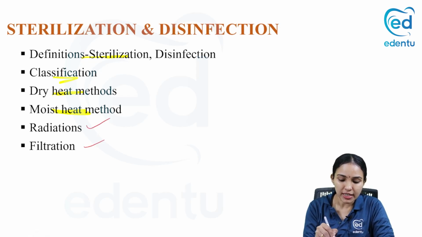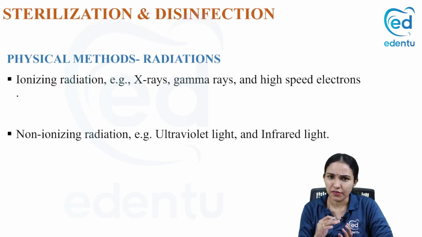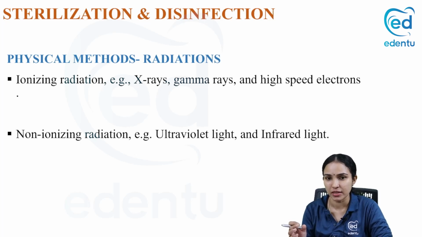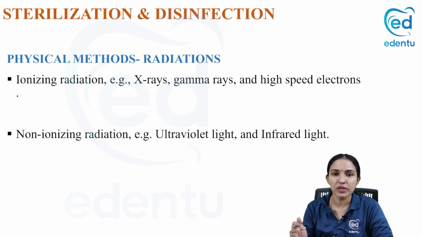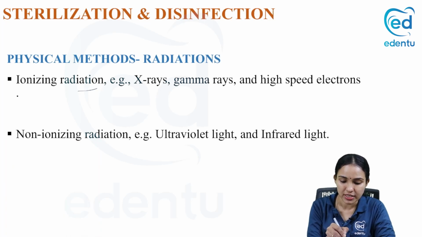So, radiation and filtration. Coming to radiations, since we have dealt with all the heat methods: when you hear about radiation, what comes to your mind is UV rays, X-rays, gamma rays and infrared rays, right? We can divide radiations into two types, ionizing radiation and non-ionizing radiation.